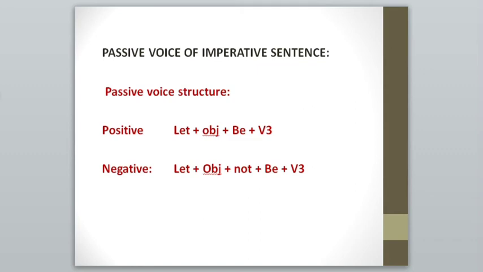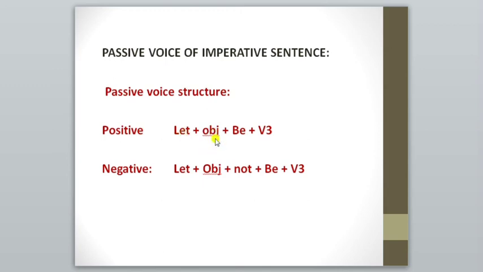Then after that, passive voice of imperative sentences. Active voice structure is not written, only the passive voice structure is written for the positive sentence and negative sentence. See, in a positive sentence, the passive voice of an imperative sentence begins with let.